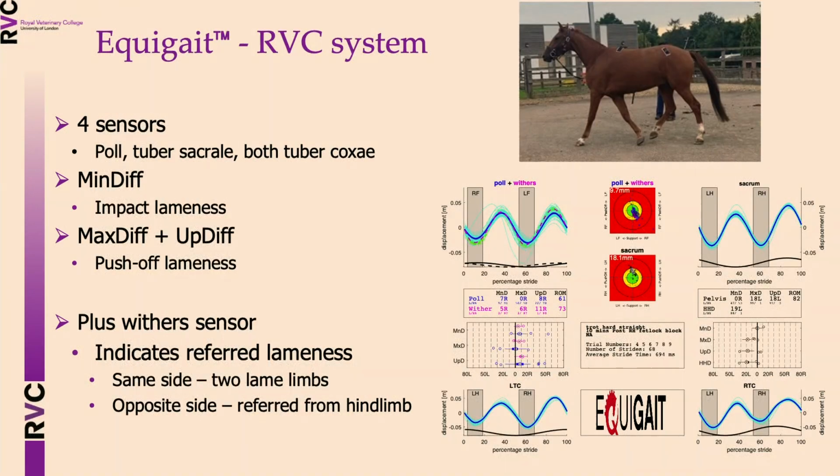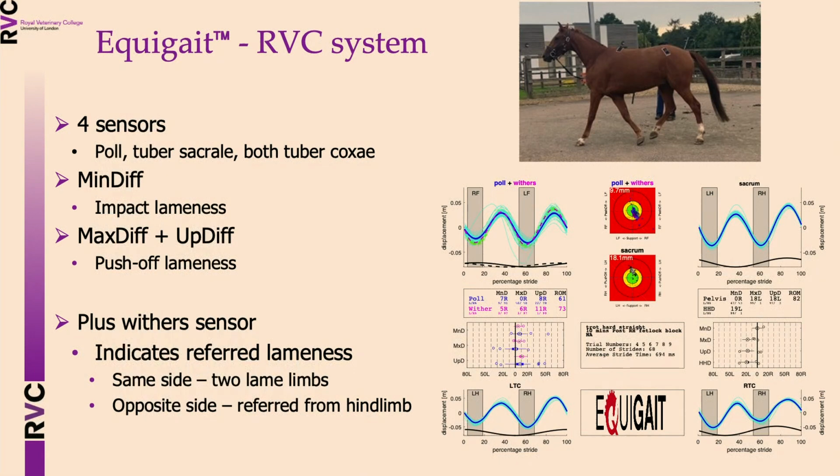This system is the system we have at the RVC where I work. It consists of 4 sensors for assessing lameness, one on the poll, one on the tuber sacrale, and 2 others on the tuber coxae. It gives the output of the same parameters we've already discussed.